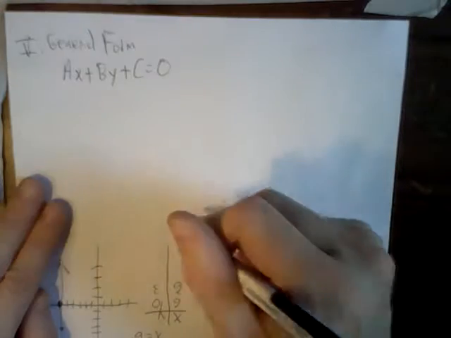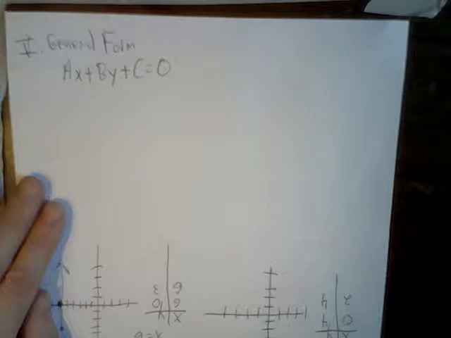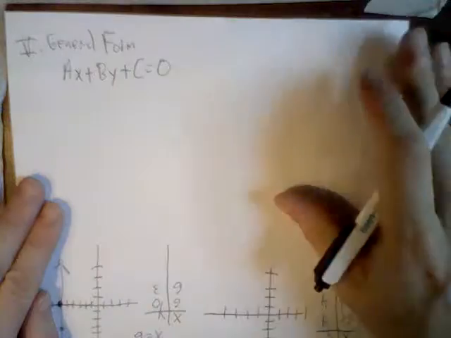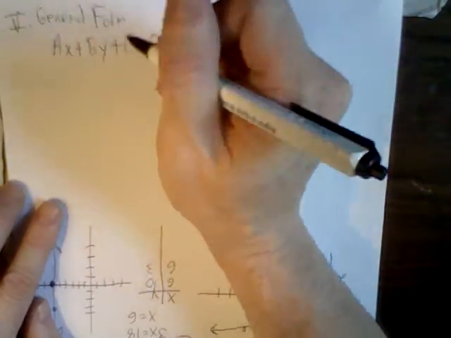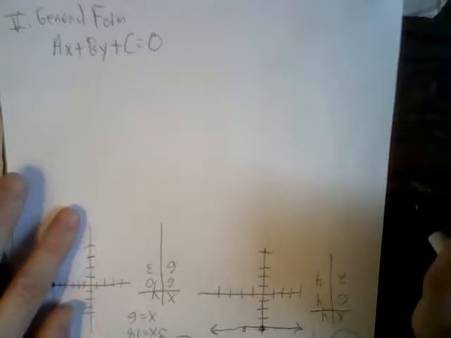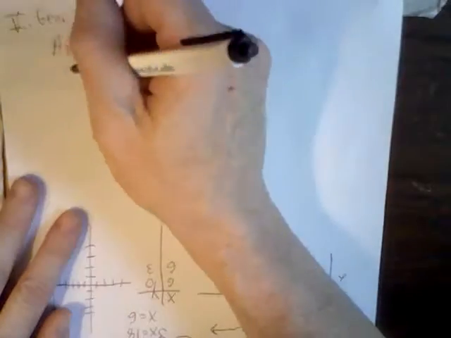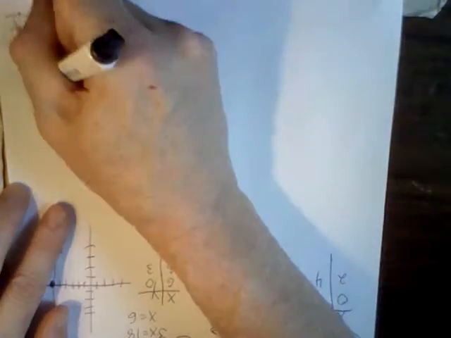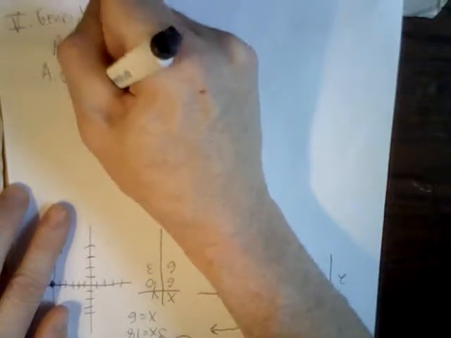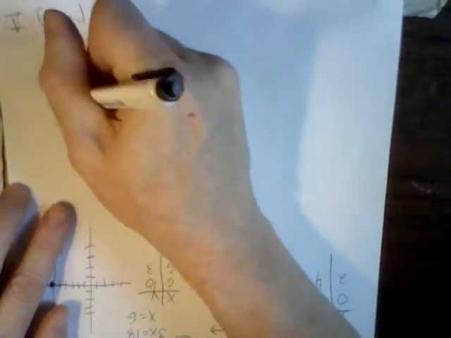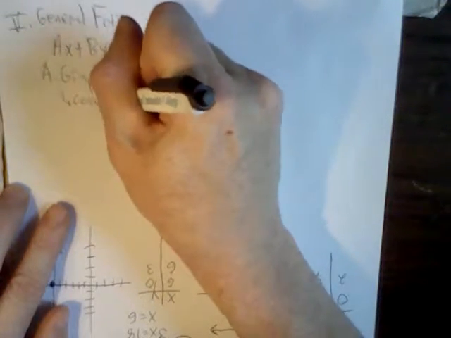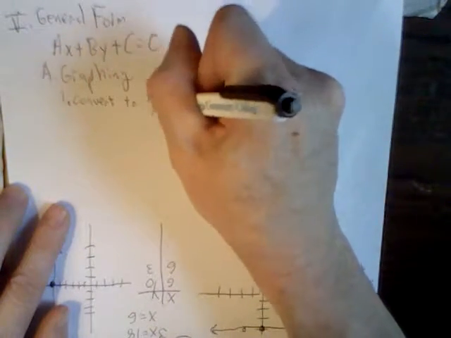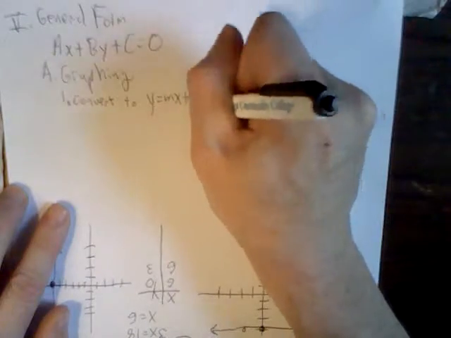And for these, when you graph them, you're probably going to either convert it into the slope-intercept form, or you want to get the x and y intercepts. So let me write that out first. Graphing these things, there's two ways. So convert to y equals mx plus b form.